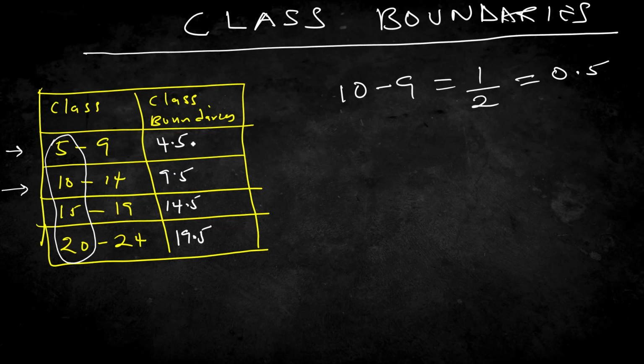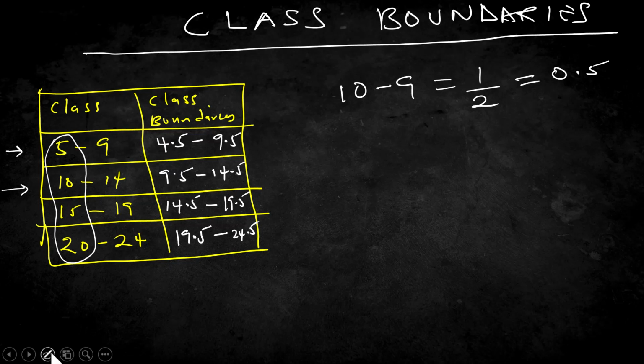And we do the opposite for the upper class limits: this time we add the result to the upper class limit, that is 9, 14, 19, and 24. So we have 9.5, 14.5, 19.5, and 24.5. So these are the class boundaries.